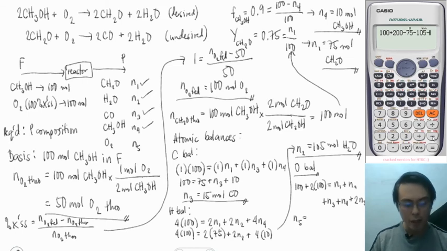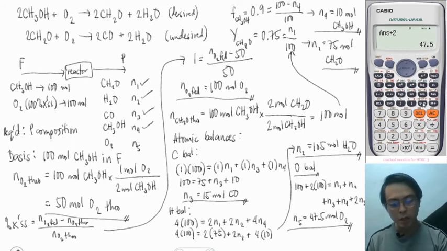Minus N3. N3 is 15. Minus N4. N4 is 10, divided by 2. So we say that N5 is 47.5 moles oxygen.